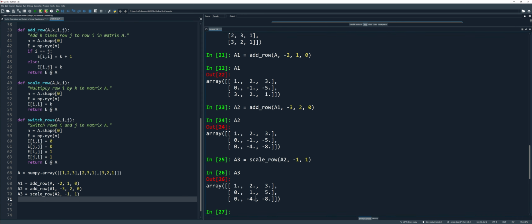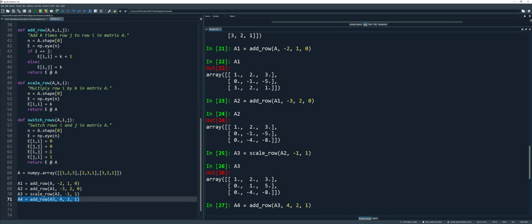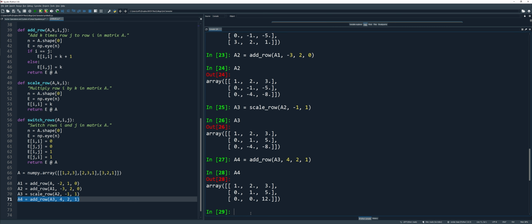Now let's change this one to 0. So we have A4. We'll use the add row function. I will use A3. Since this is negative 4, I'll use 4 as my k. So I here is row 2 and j here is row 1. And let's check. So it's 0.